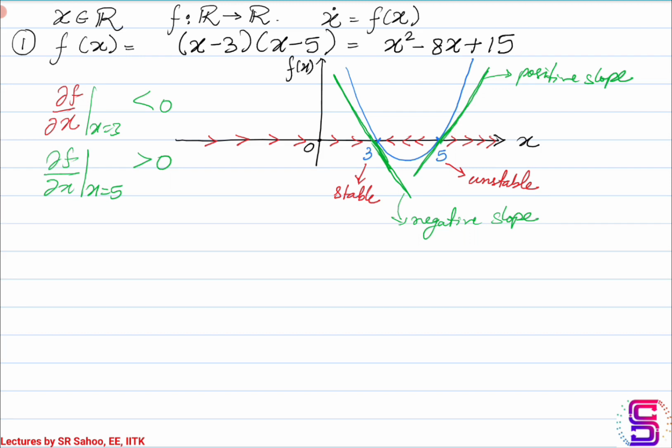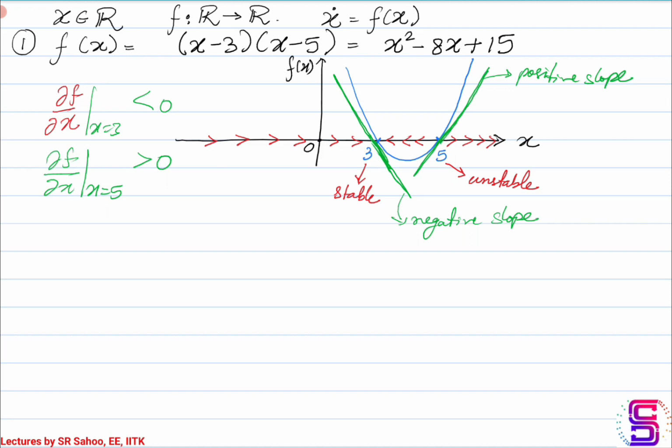So it looks like the slope in this case can be related to the stability of the equilibrium point under consideration. If the slope around the equilibrium point is negative, we can classify the equilibrium point as stable, and if the slope around the equilibrium point is positive, we can classify it as unstable.